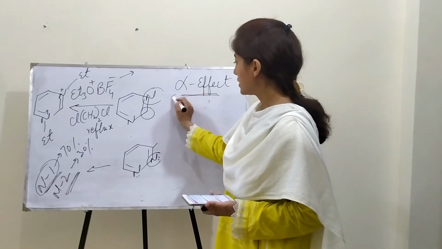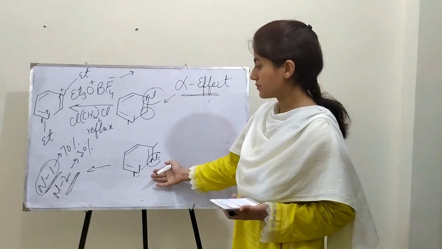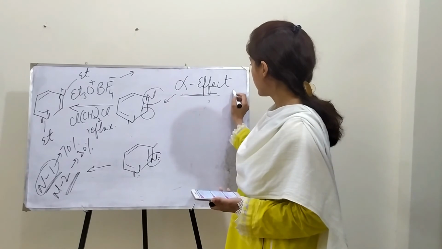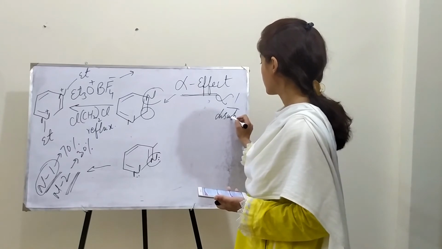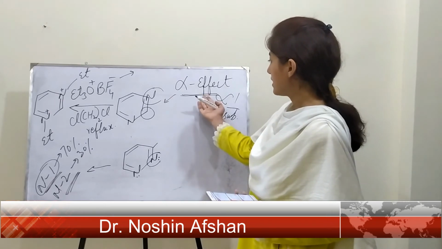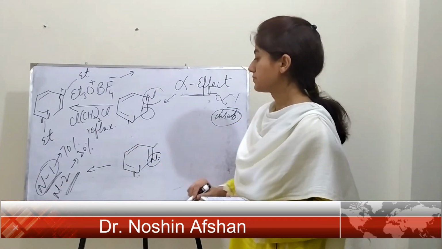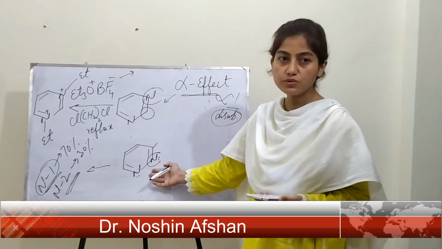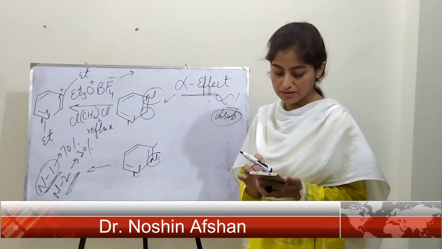So the alpha effect is weaker in the case of pyrimidine but stronger in the case of pyridazine. The higher the alpha effect, the lower the tendency for disubstituted product. Right? When alpha effect is higher, only monosubstituted product would be formed, because this lone pair interaction would rule out the disubstituted product for these pyridazines.